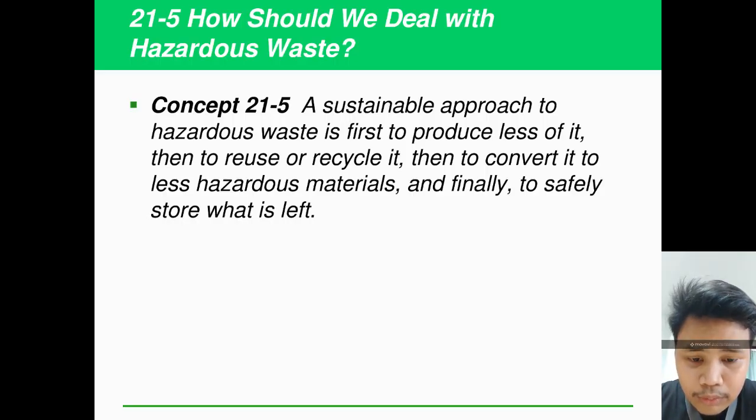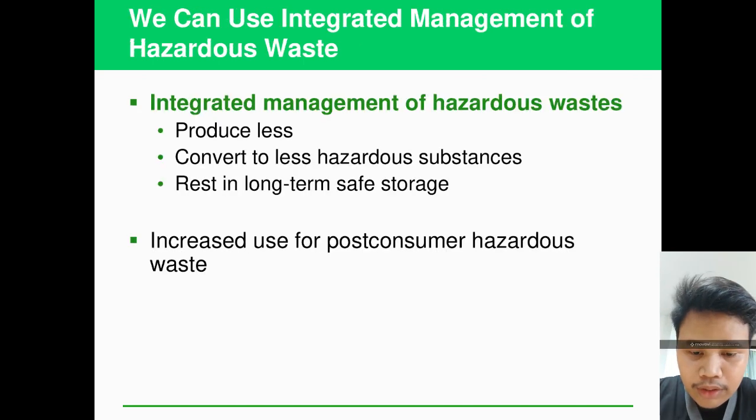How should we deal with hazardous waste? Concept: a sustainable approach to hazardous waste is first to produce less of it, then to reuse or recycle it, then to convert it to less hazardous material, and finally to safely store what is left.